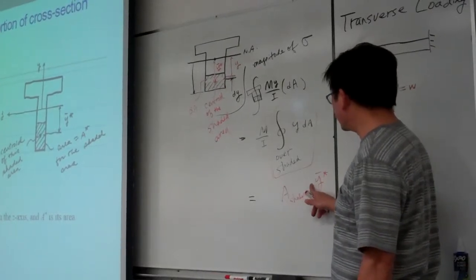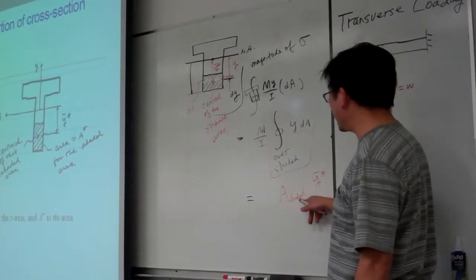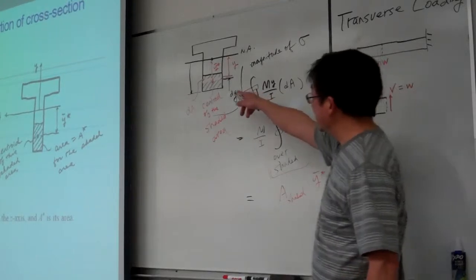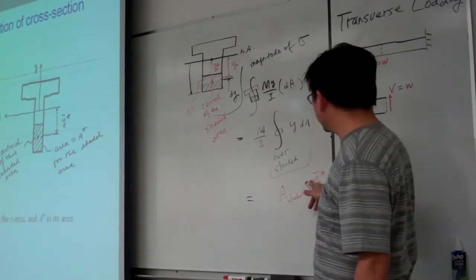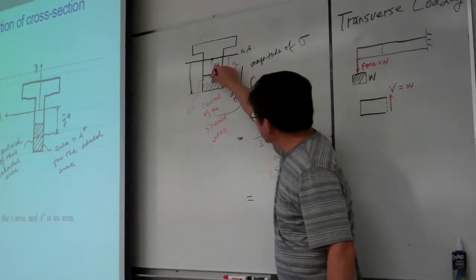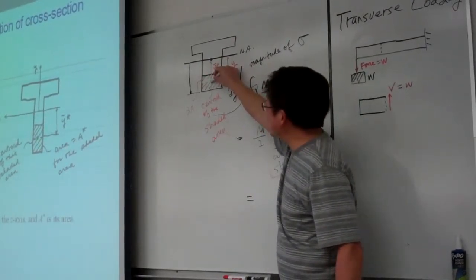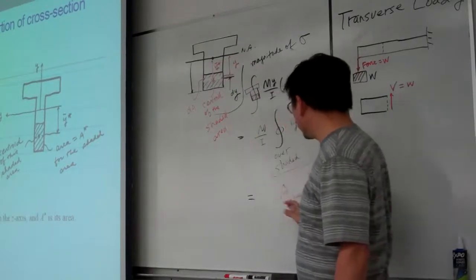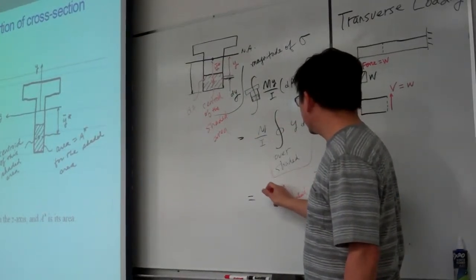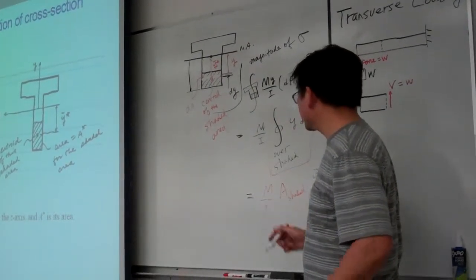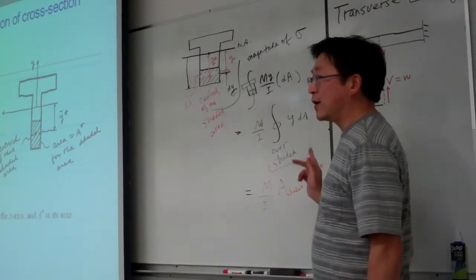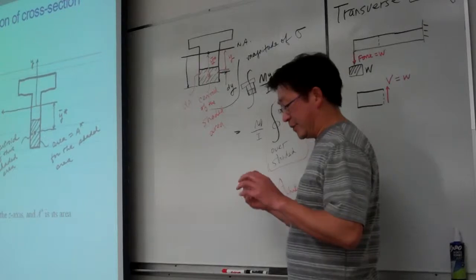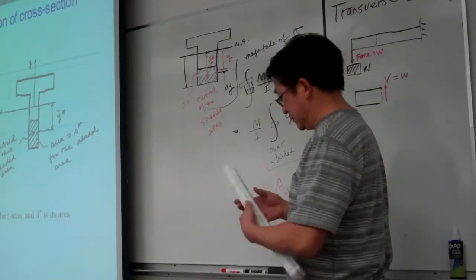We simply take the area of the shaded region and multiply it with the distance from its centroid to the neutral axis. So basically, the whole thing becomes this. Okay, what does this mean? I pick this one here.